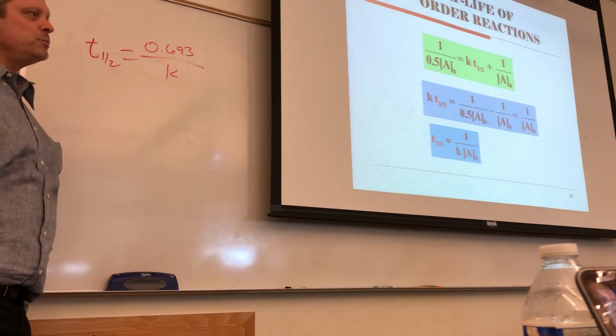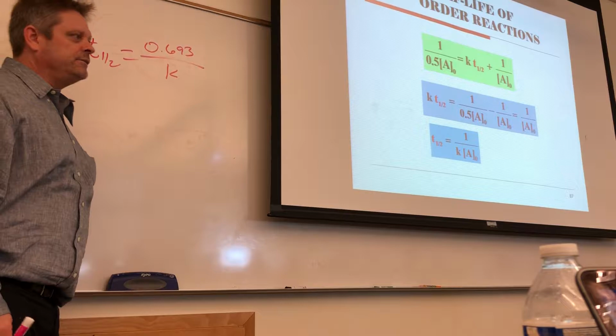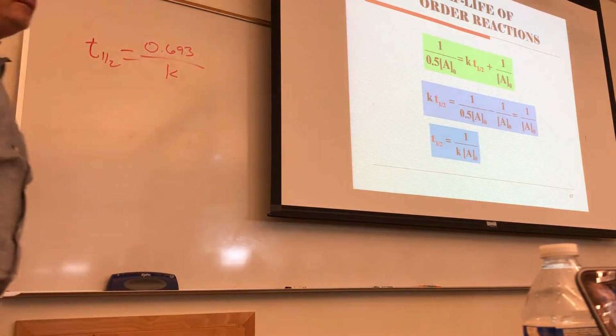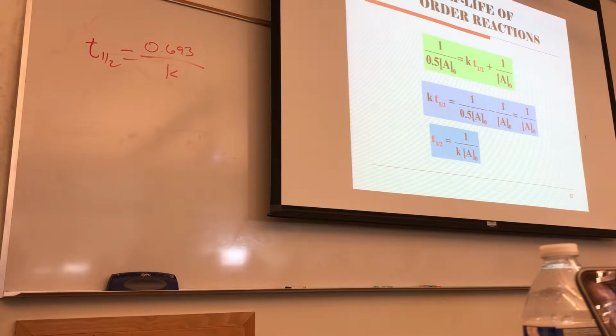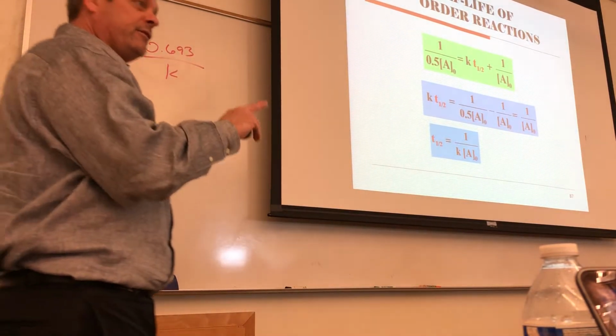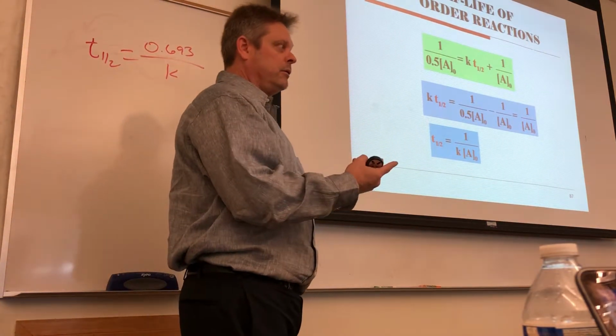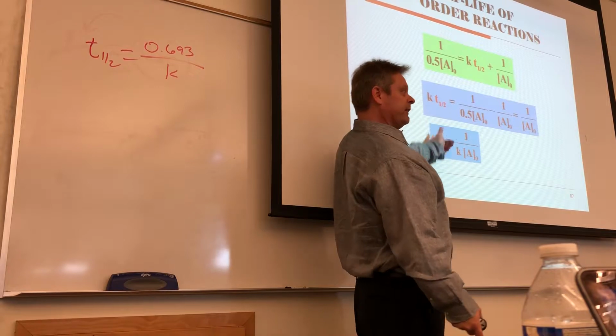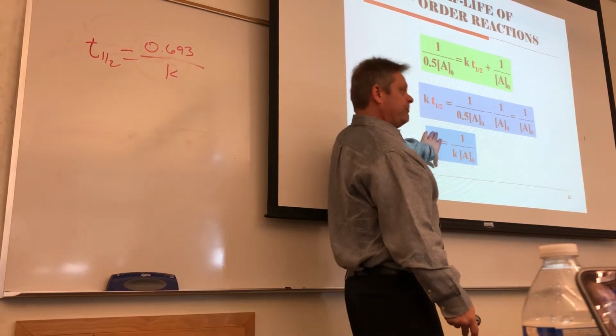Think about it that way, because it's the concentration difference between a first order and a second order. We just did the derivation, so we could see mathematically that it's definitely correct.